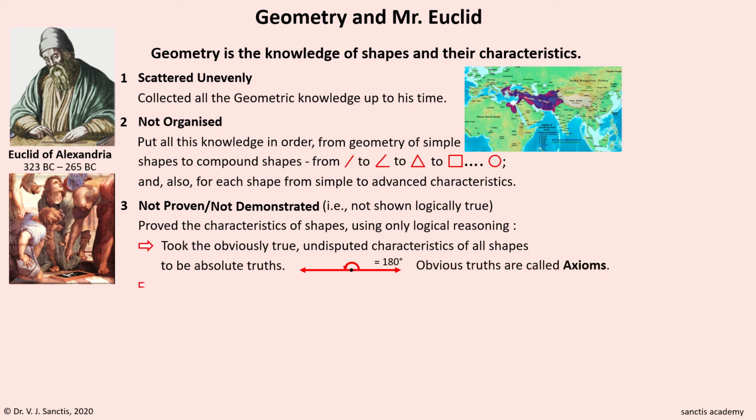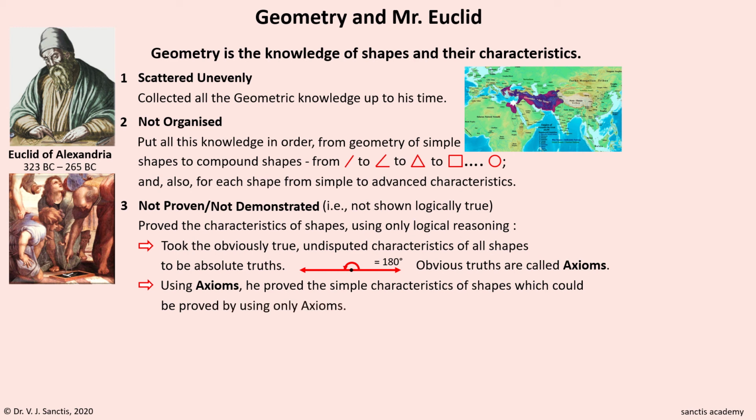Next, using axioms, he proved the simple characteristics of shapes, which could be proved by using only axioms. To extend our example in today's way, an unproven simple characteristic of straight lines was that if there be a straight line and a point on it, and if there be another straight line on it from that point, then what will be the sum of the two angles formed, angle 1 and angle 2?